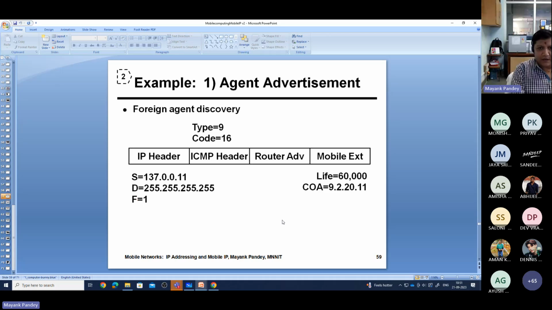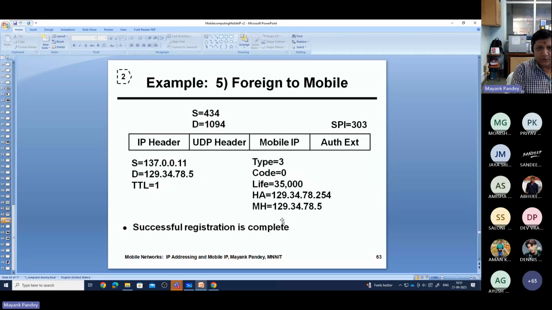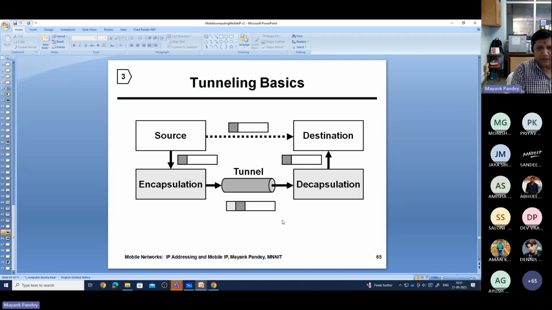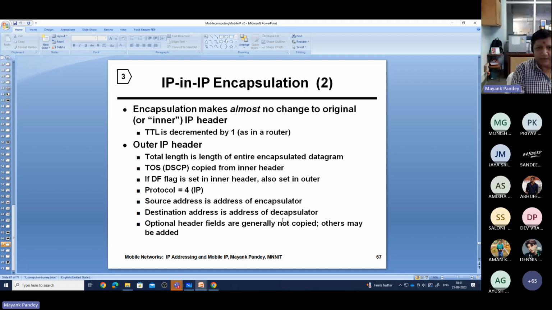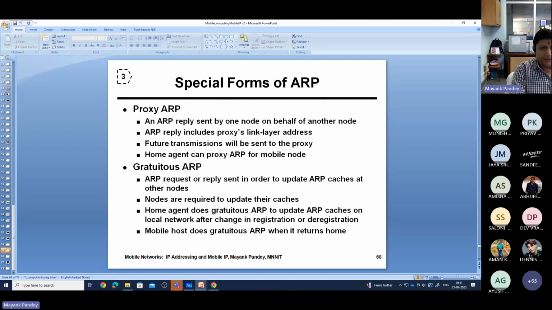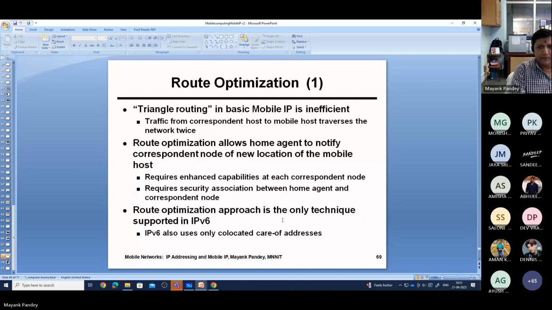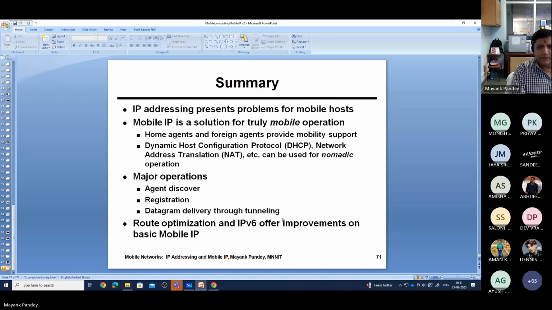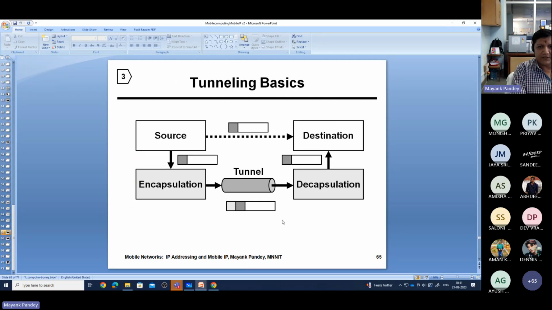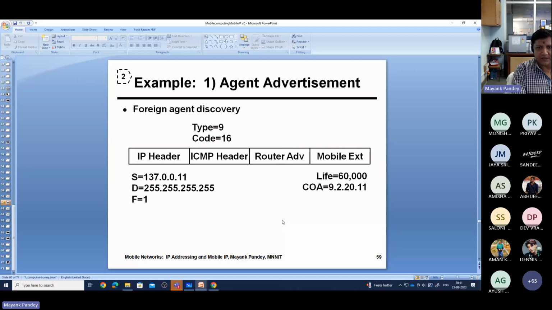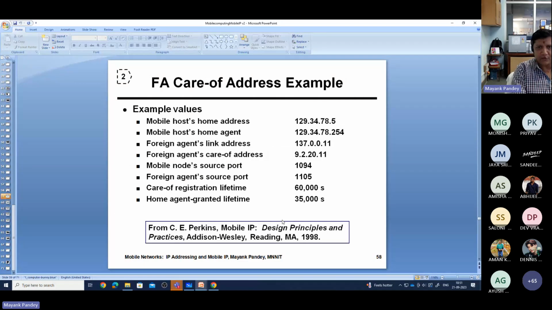You can see how the packets are going to be forwarded and how the datagram delivery happens. I suggest you see this example after the class, and if there are any problems, you can ask the question.